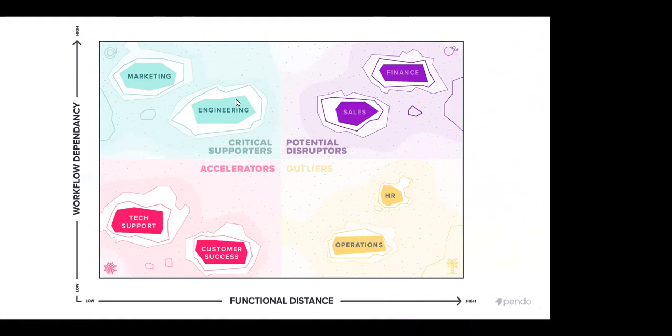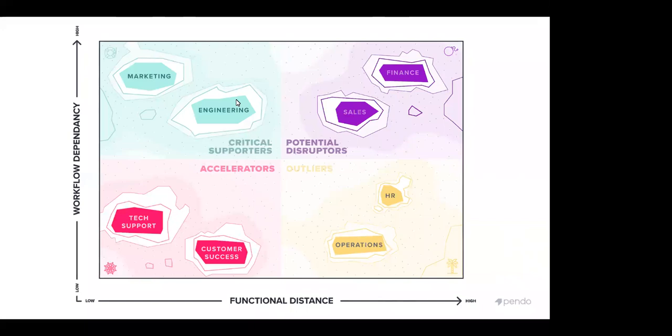And on the left side, you've got workflow dependency. That axis is focused not necessarily on how close they are physically or organizationally, but how closely the work that they do depends on or influences the work of a product manager.